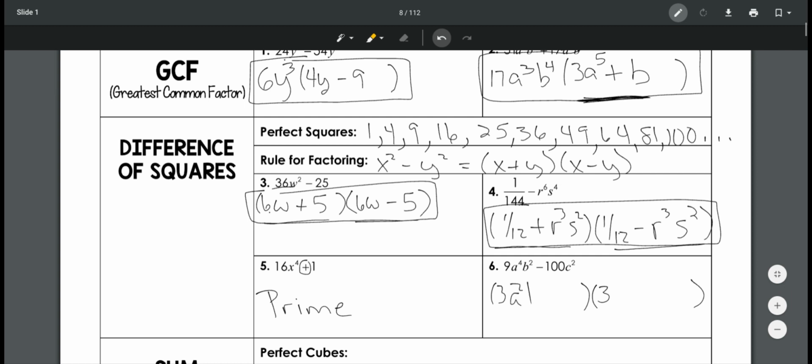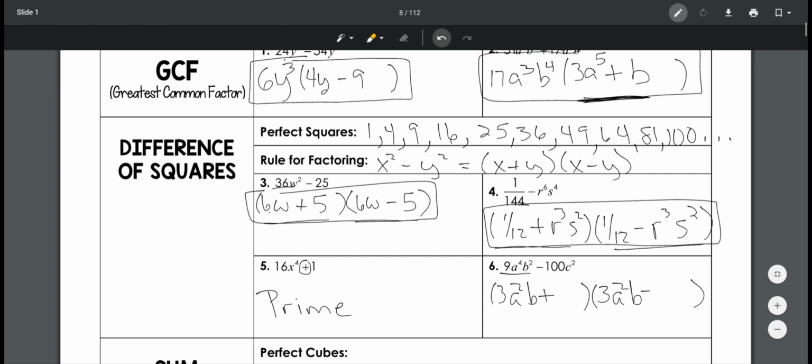A squared b. If I divide both of those exponents in the first term by 2, that's what I get. 4 divided by 2 is 2. 2 divided by 2 is 1. I need 1 plus and 1 minus. If you put minus in your first parentheses and plus in your second, that is fine. It's the same thing. You need one of each. It does not really matter which parentheses you put the plus or the minus in. What matters is that you have one of each.